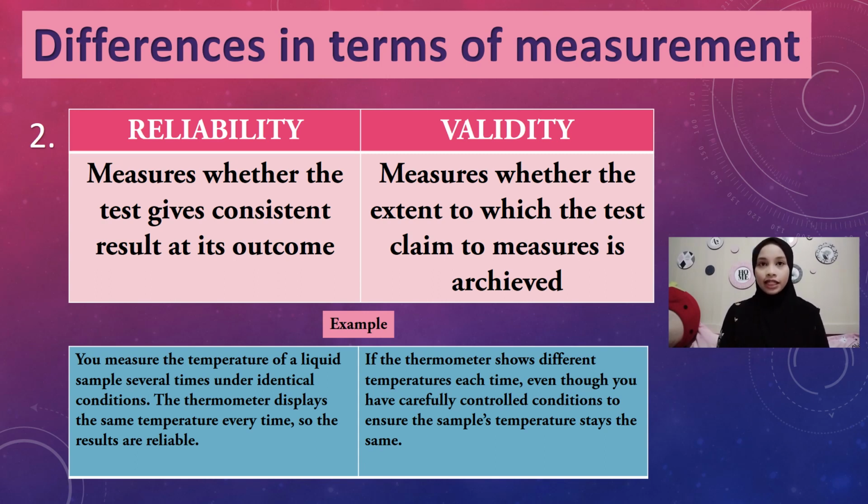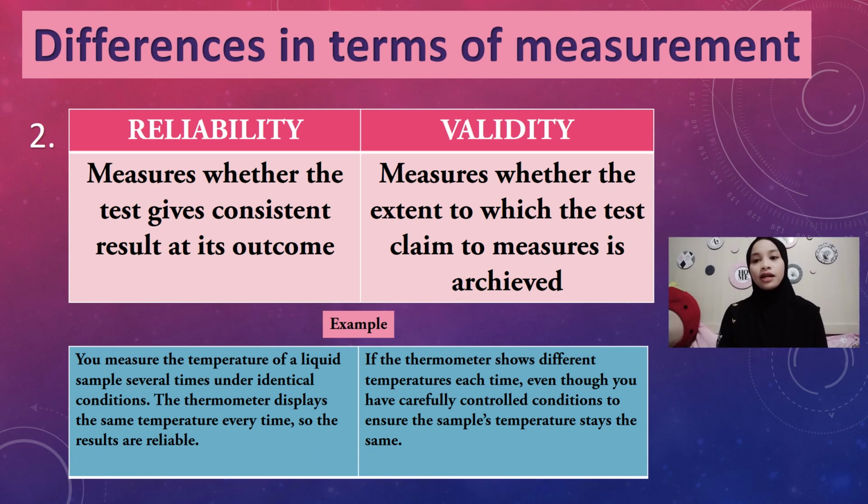For the validity, validity is a measure of whether the extent to which the test claims to measure is achieved. Validity refers to how accurately a method measures what it is intended to measure.